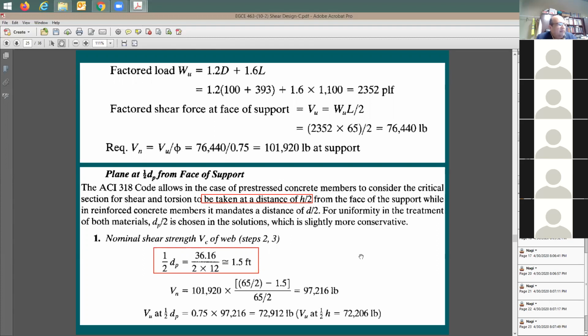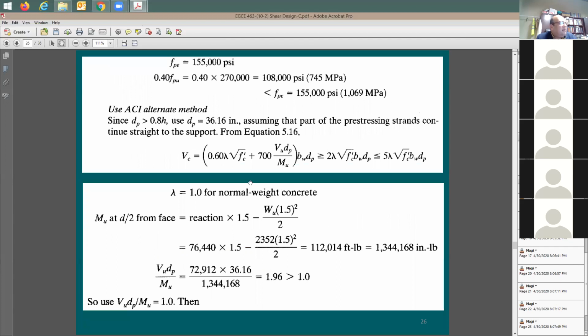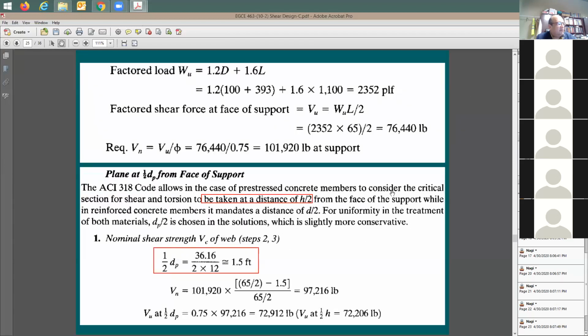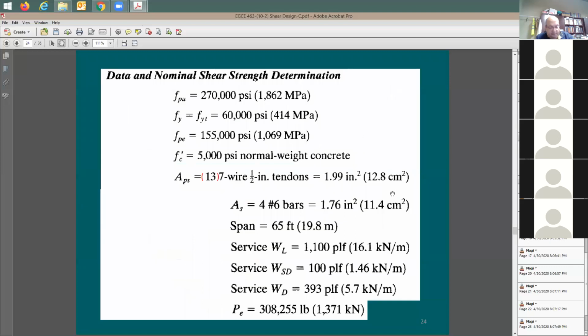Now, finding here f sub pe, and here's 0.4 of f sub pu, just to prove that it's okay to use the alternate method. And they said yes, it's fine. It's the equation I need, so I need to put a check mark.